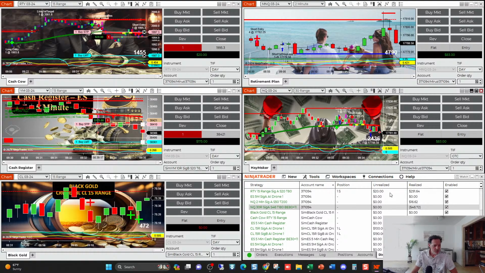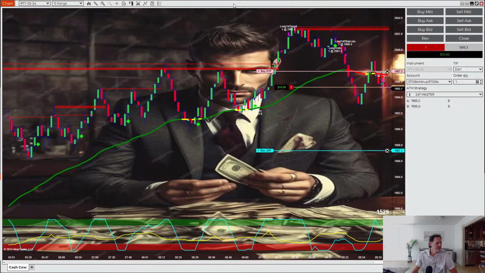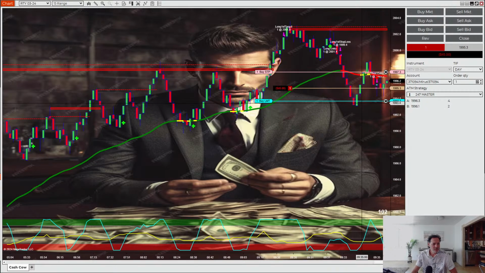All right, the RTY is back in again, and this one trades a lot, so that's why I really put that little restriction in on it. Again, this one's trying to go south. Not real optimistic, so I want to try to take a little off the table here if we can get it. Nah, I missed it.